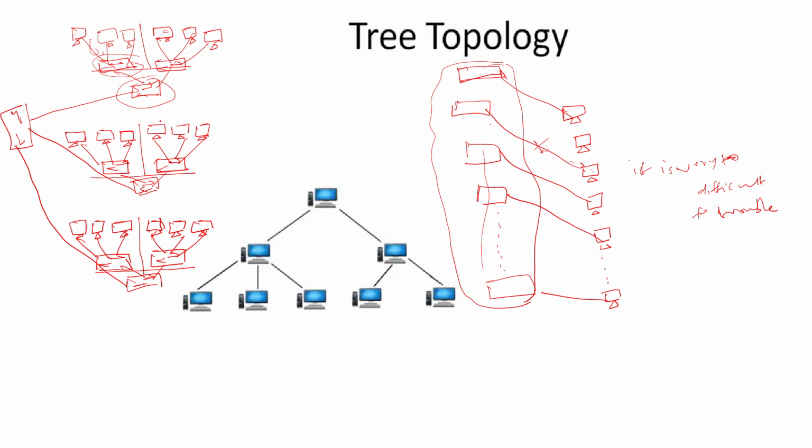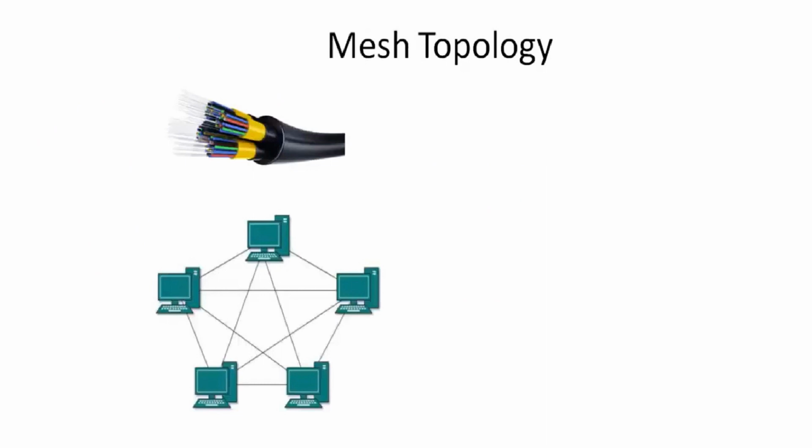So we can easily identify the issues. If floors are not connecting, we can identify the problem from this side. So troubleshooting is very easy in this case. Tree topology. And the next topology is mesh topology.